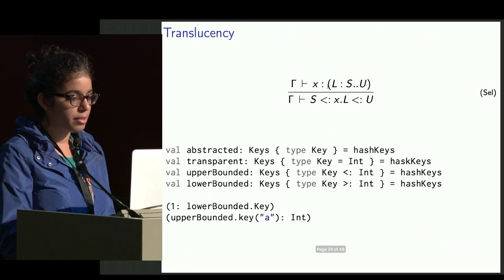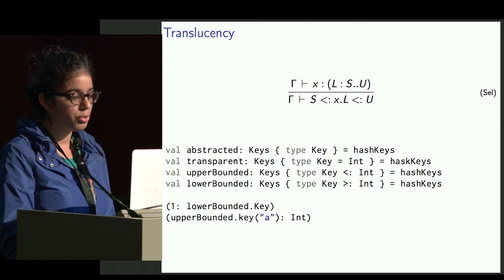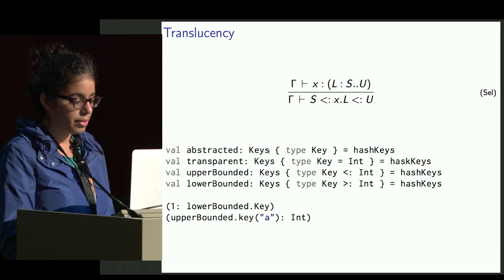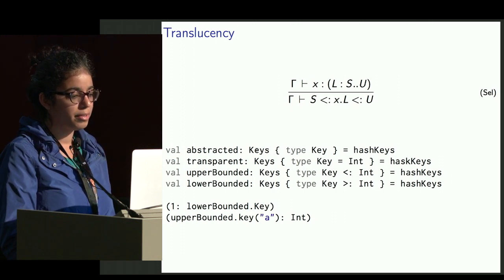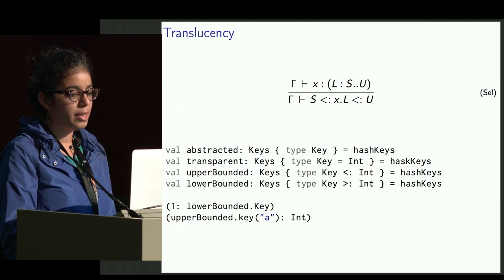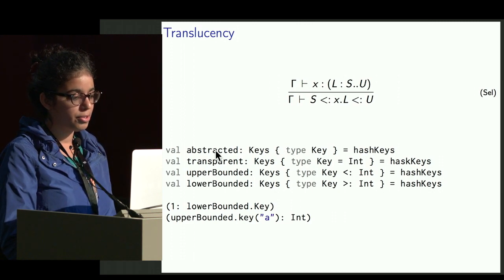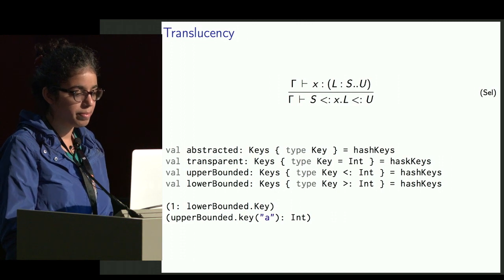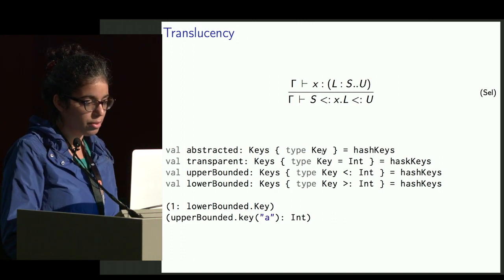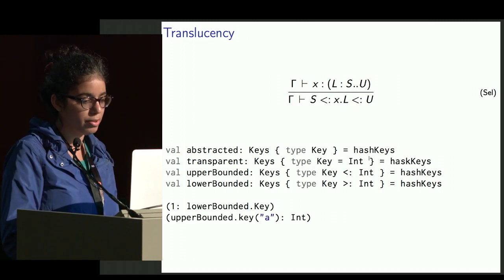Now, if I look at this rule again, and I see the different ways I can abstract this Keys signature, what I can say is that I have Keys with a type member key, and that means that I'm completely abstracting away from what is exactly the implementation of type key, or I can make it fully transparent, or I can make it just upper bounded and lower bounded.